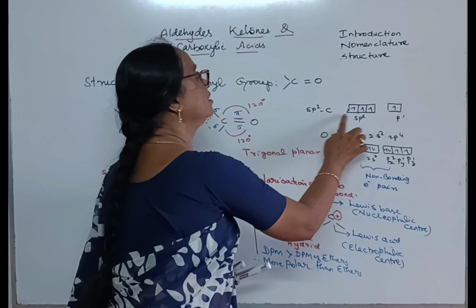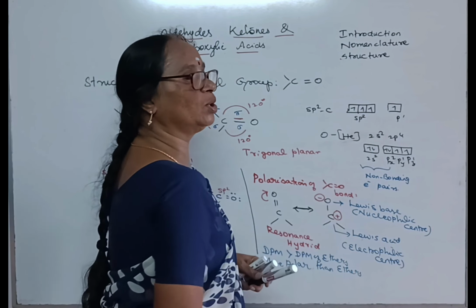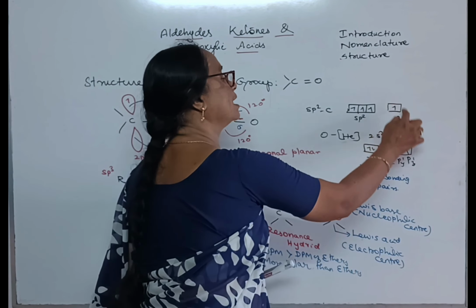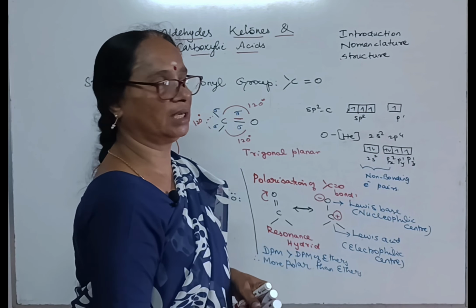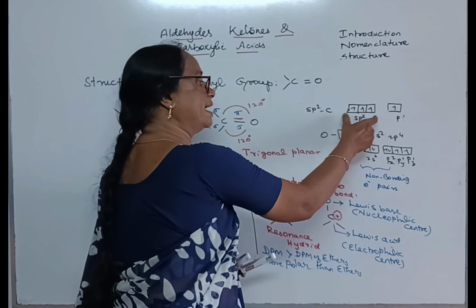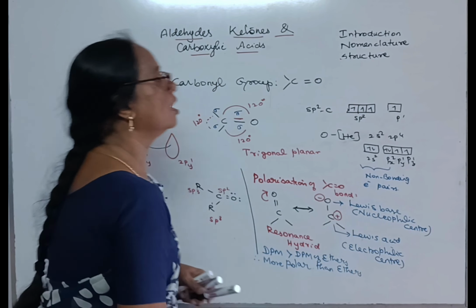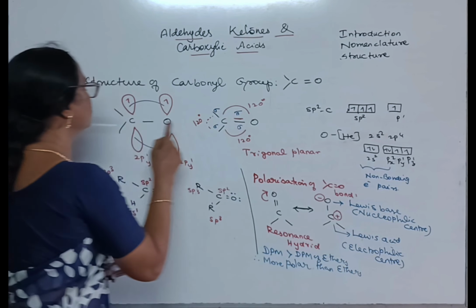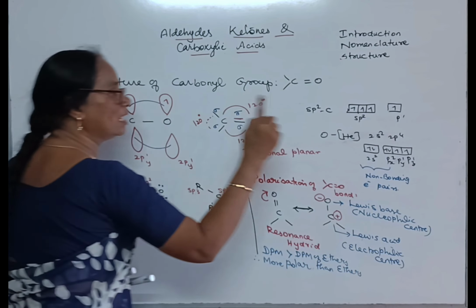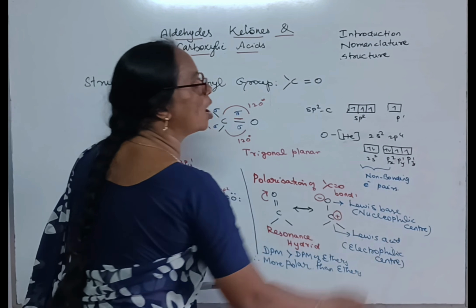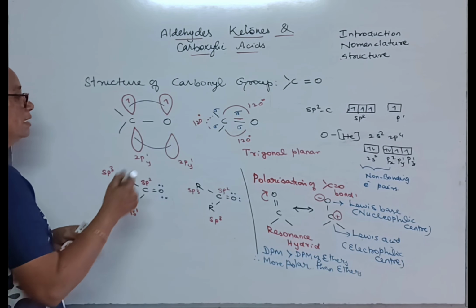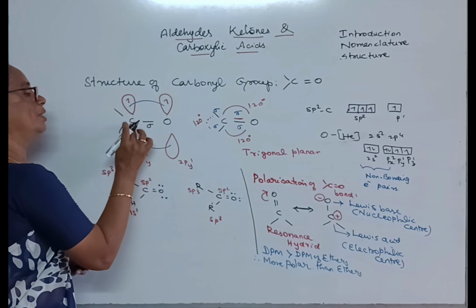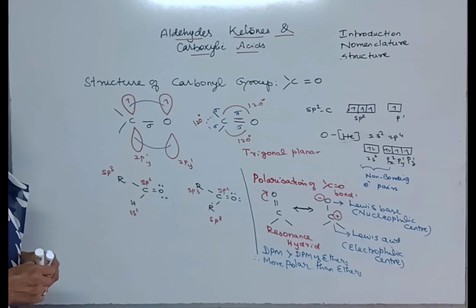So you may find 3 electrons in sp2 orbitals and one more electron in its p orbital. So of these 3 sp2 hybrid orbitals, one of the sp2 overlaps with one of the p orbitals of the oxygen atom, so that it develops a sigma bond between carbon and oxygen.